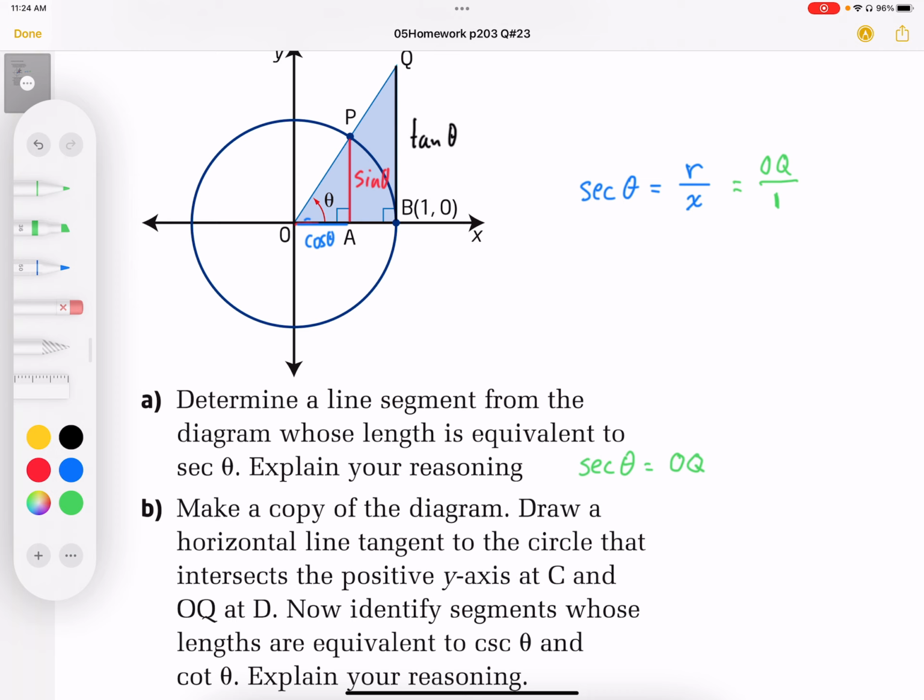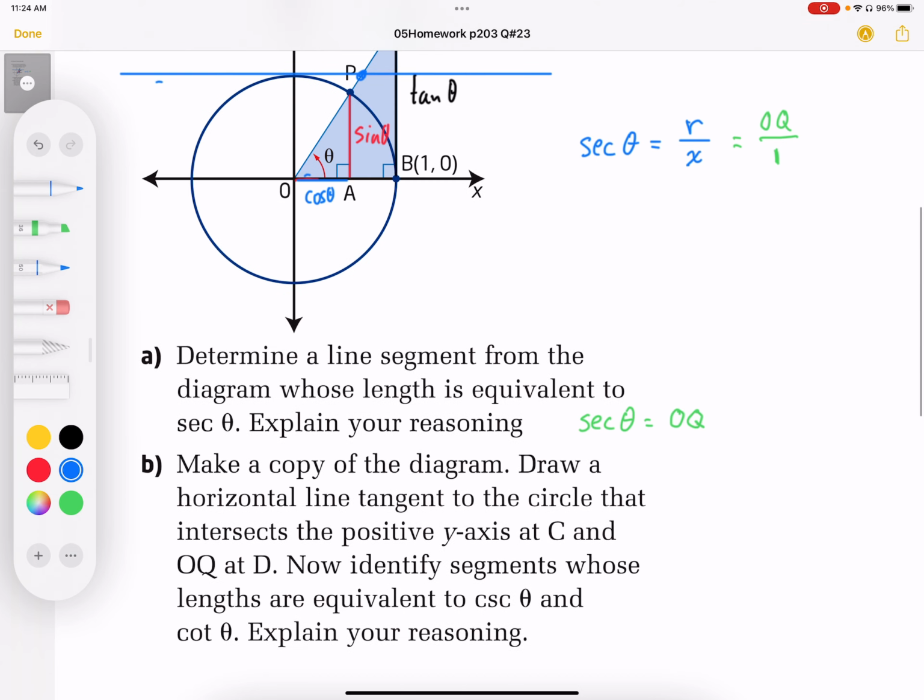Now, we've been asked to construct a line that is horizontally, this horizontal line here, tangent to the circle. Okay, so there's our line, and then the location of that dot is going to help us identify the angle theta, and then we could use cotan.